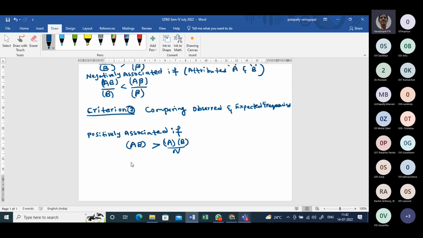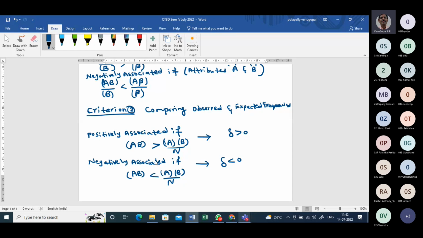Okay. Negatively associated if AB is less than A into B by N. Okay, the same point we will write: delta greater than 0, delta less than 0.